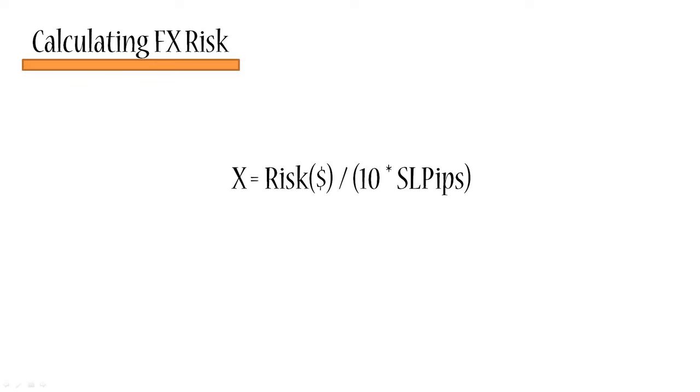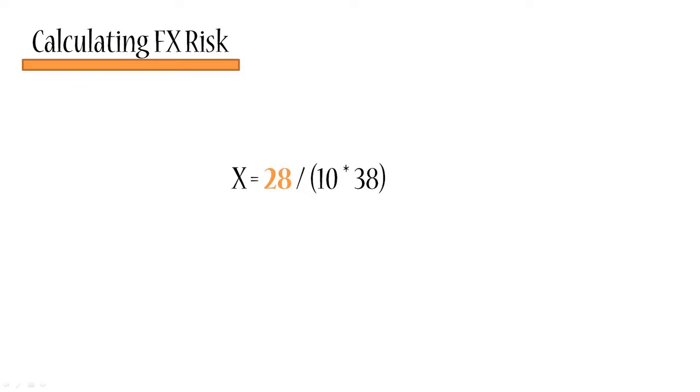So the risk, as we discussed, will be set at about 5% of our balance, which is 5% of $556, and that equals $28. Let's put that into the equation. The last thing we've got to input is the stop loss in pips, and that's about 38 pips. So let's input that now.